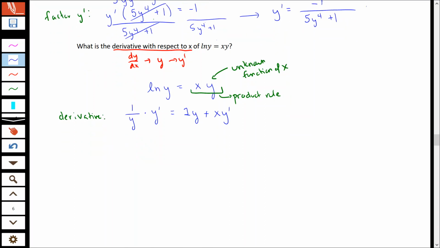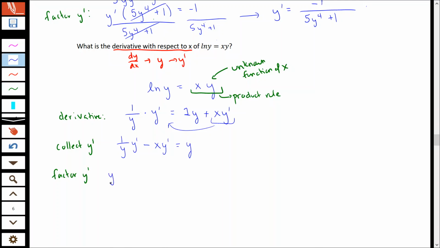prime. Once we've actually taken that derivative, we want to collect those y primes. So if we're collecting y prime, I've got this 1 over y prime, and I'm just going to bring this other term over. It's going to have minus x y prime is equal to just y. I'm just dropping that 1 there. And then again, we want to factor out our y prime.